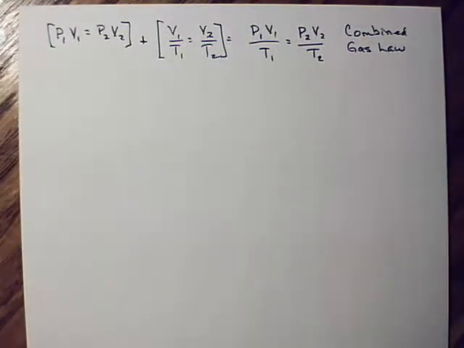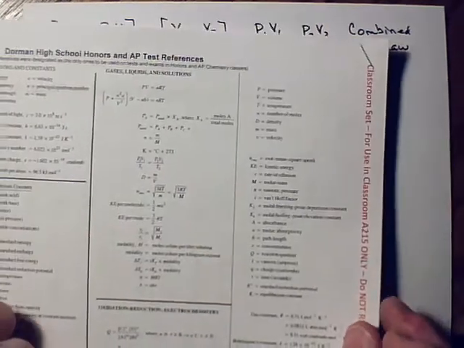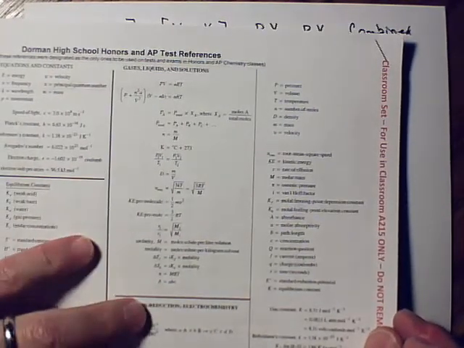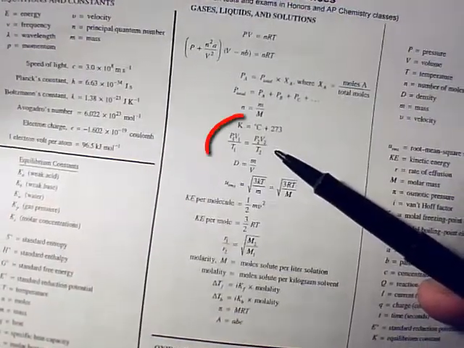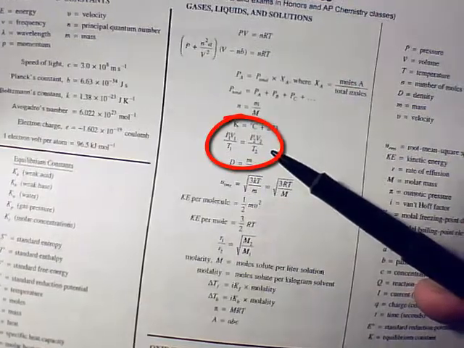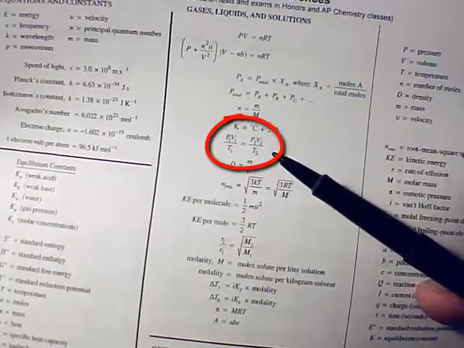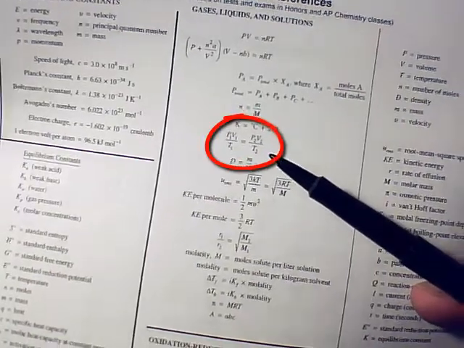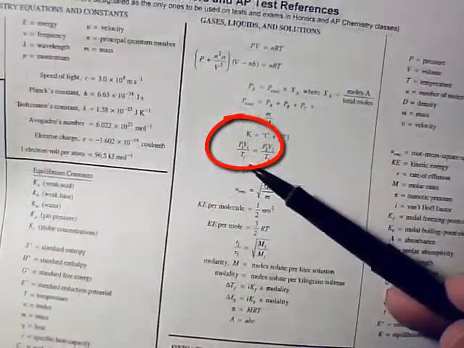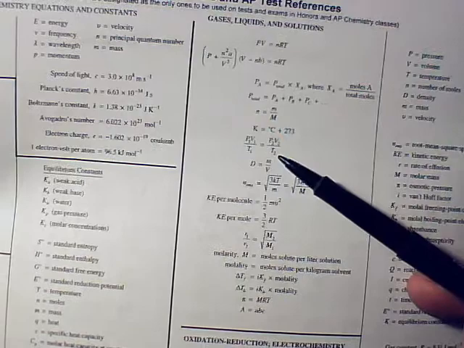I'm doing this instruction in an honors class, and these are the references that you get to use on tests in an honors class. If you look really carefully, you actually have this equation on your references. Now, Boyle's law and Charles' law are not there on your test references. But if the temperature doesn't change, you don't have to worry about it.